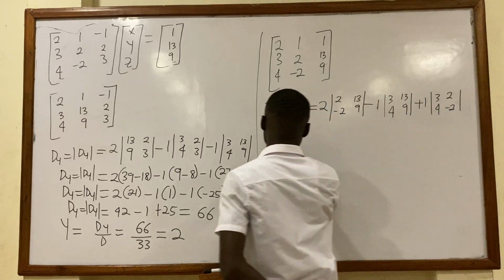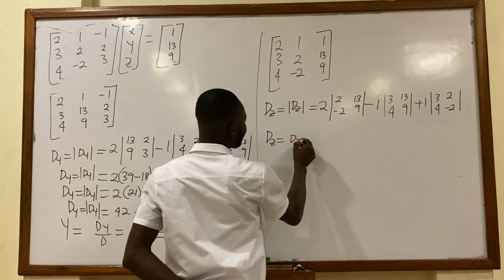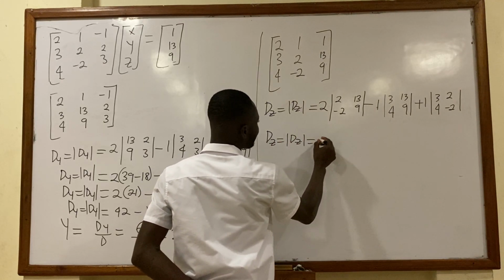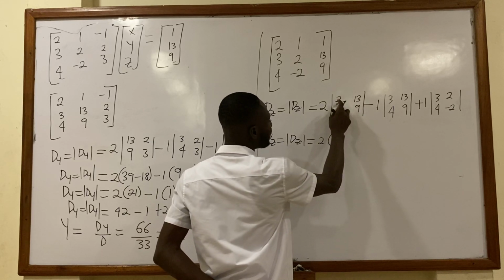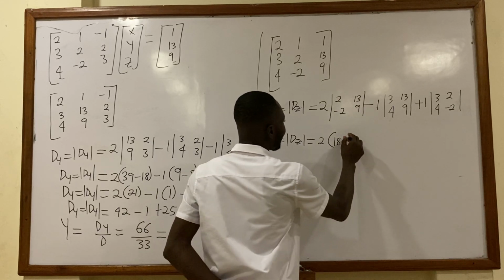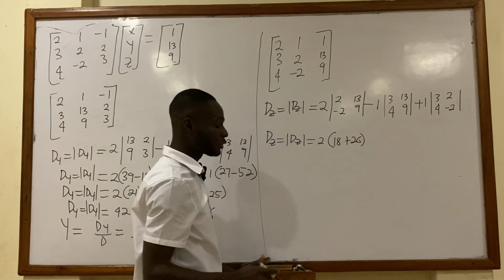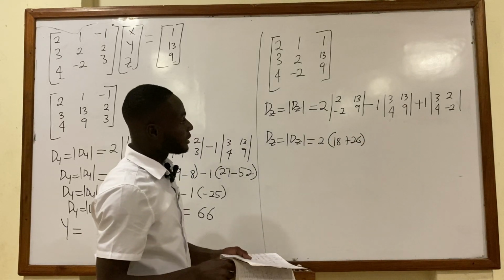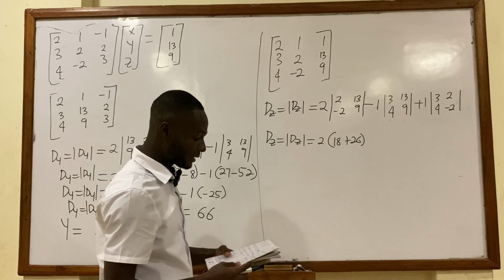So dz is equal to 2 into 18, this times this, 18, plus 26, because 2 times 13 is 26. But on that diagonal, when you are multiplying, it is affected by negative, right?